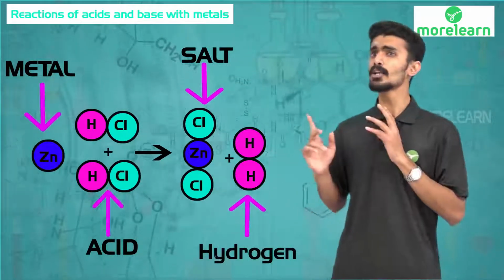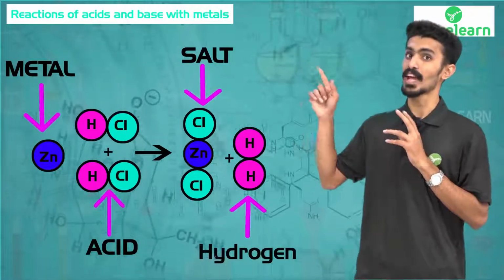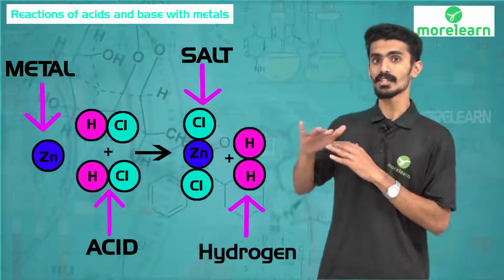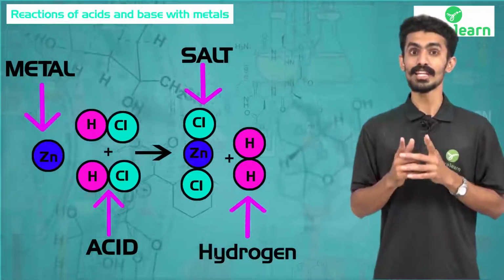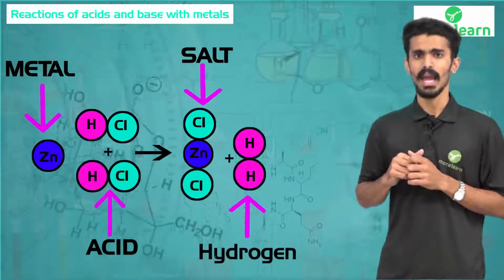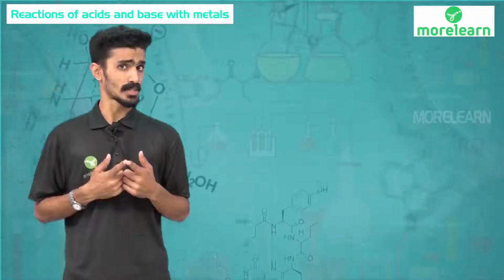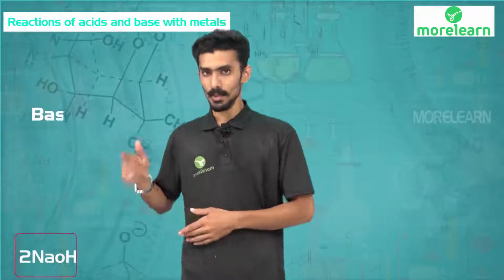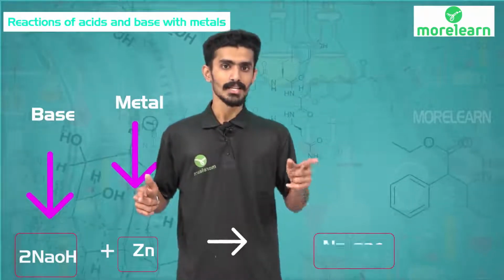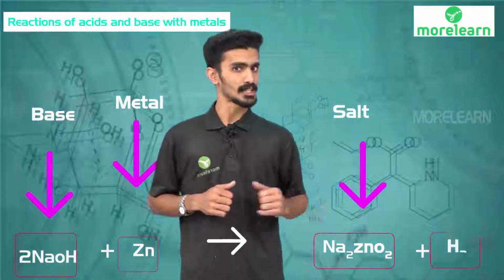I think you can see some hydrogen gas evolution, right? So the key point of an acid reacting with a metal is that hydrogen gas will liberate. That is a key point that you have to stick to. And coming to sodium hydroxide, which is a base: sodium hydroxide plus zinc, a metal, gives sodium zincate plus H2 gas.